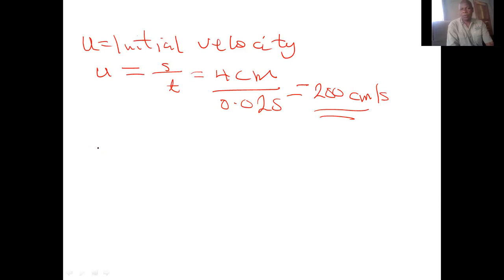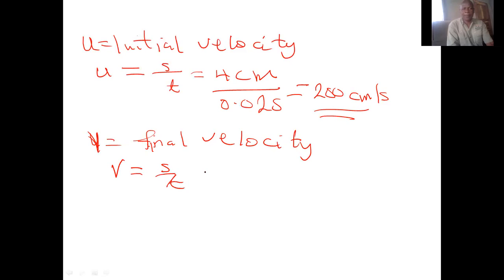And then we need to find the final velocity. The final velocity will be equal to displacement over time.